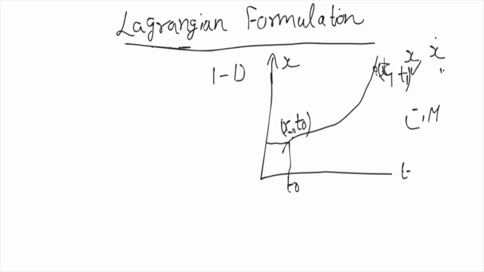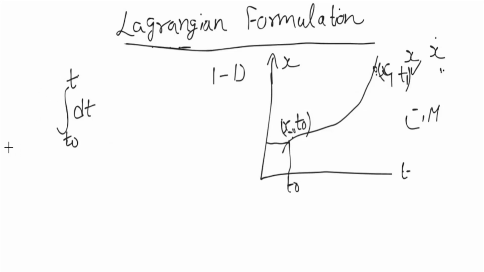In fact, that something is an integral from one point to another, from t naught to t1, of dt, and it is called action. And when I say minimize, I mean to make the action stationary.